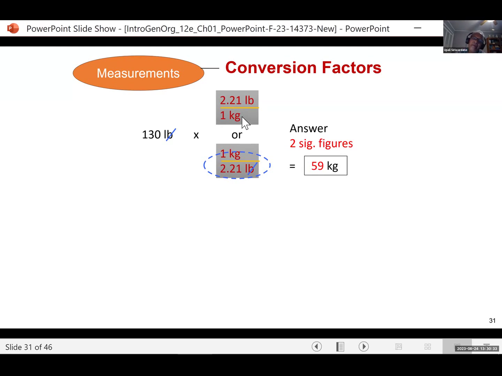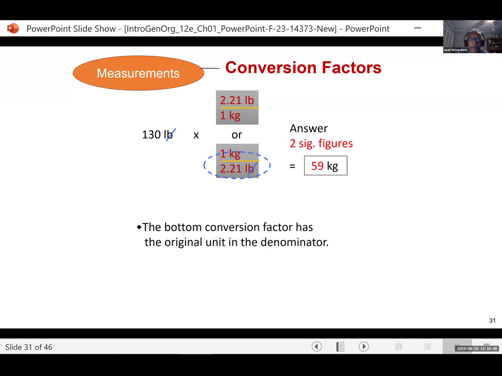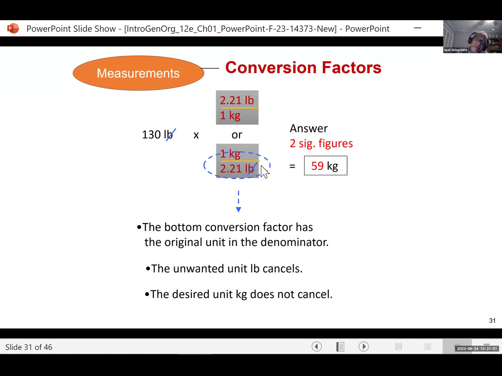They don't have uncertainty like measurements. Therefore, they are not counted in figuring out the significant digits in the calculated number. The bottom conversion factor has the original unit in the denominator, pounds. The unwanted unit, pound, cancels out here and leaves the kilogram.